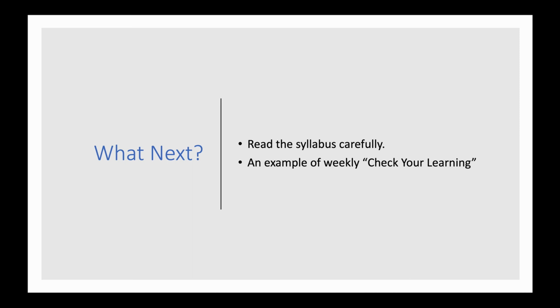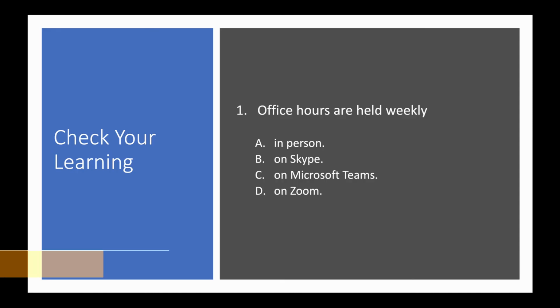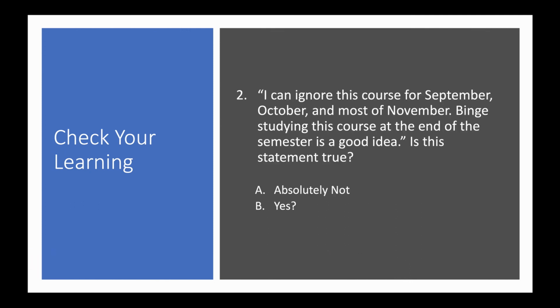Next, I'm going to show you an example of what a weekly check your learning set of questions look like. Question 1, office hours are held weekly. A, in person, B, on Skype, C, on Microsoft Teams, D, on Zoom. Question 2, here is a statement.